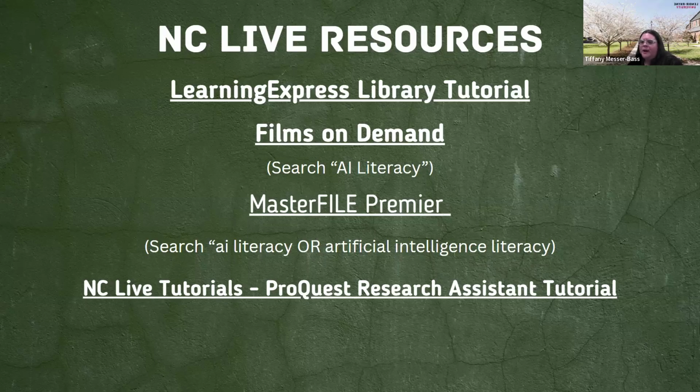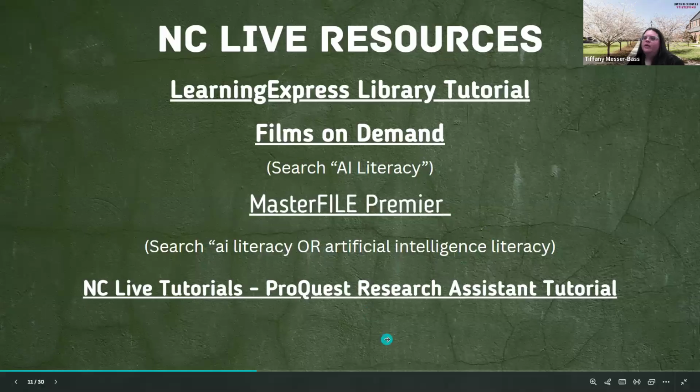Masterfile Premiere, if you search AI literacy, in fact, this specific Boolean phrase without the quotation will give you articles and lots of info to work from. I think this one is especially good for incoming freshmen, first year college students, late high school, that are kind of getting their feet wet with beginner research.